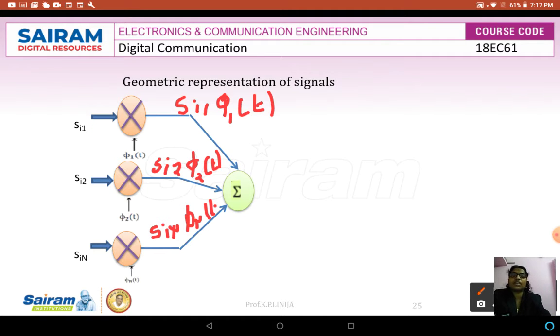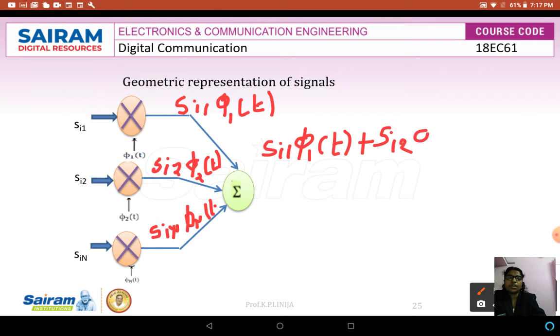The basic function of the summer is to give the addition of the inputs, the sum of the inputs. Therefore the output will be Si1 into phi1 of t plus Si2 into phi2 of t, and so on.